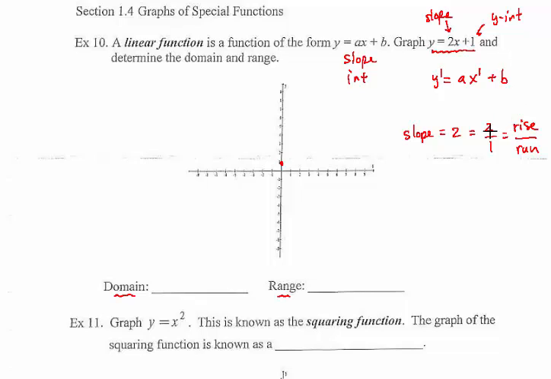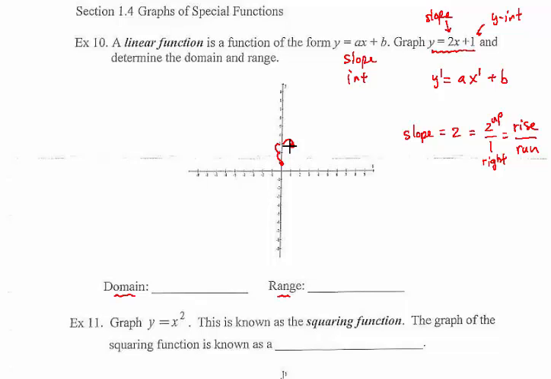Now, with both of these being positive, that means we're going to go up, and then 1 is positive, that means we're going to go to the right. So we start with our y-intercept, not at the origin, so we have to plot the y-intercept first, and we go up 2, and then we go right 1, and at that point we plot a second point.